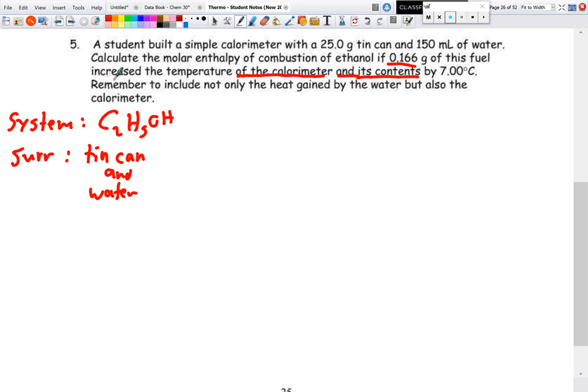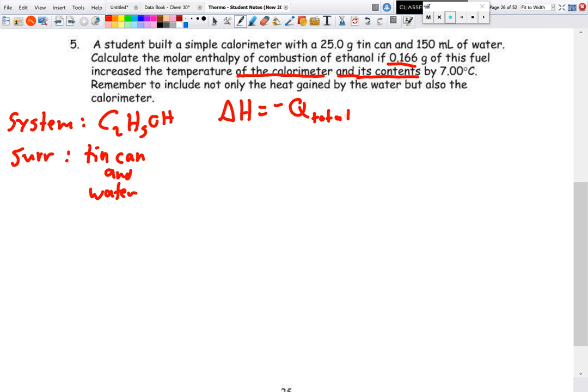So, and I also have this right here, so remember including the heat gained by the water. Another thing we can imagine is that all we've been doing so far was only one thing was changing temperature, and we've had our delta H is equal to negative Q. Well, technically, we can write Q total, because if we have multiple things gaining energy, well, we can find the Q value for multiple things.